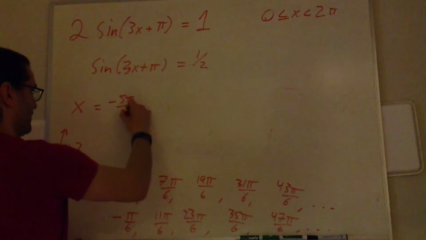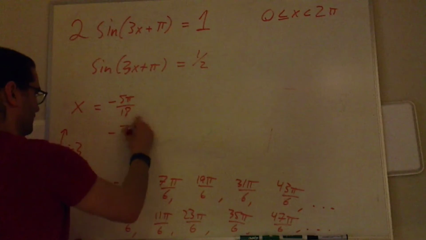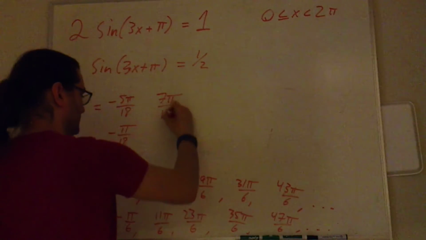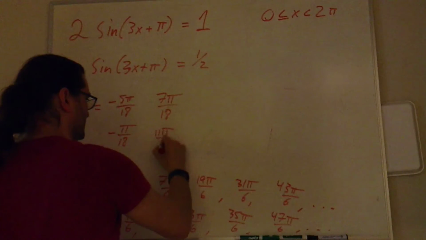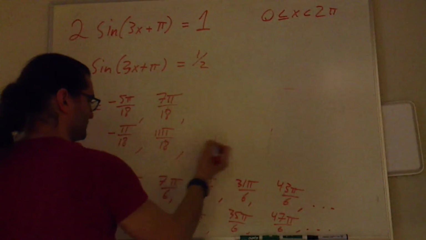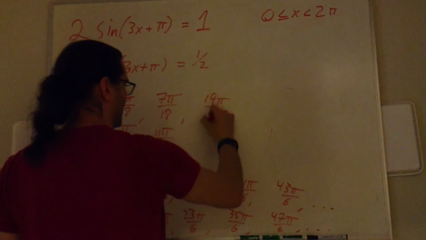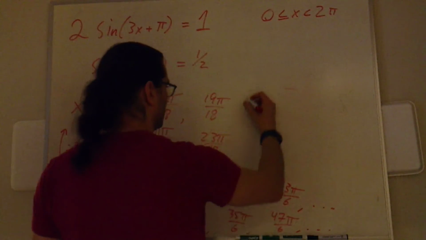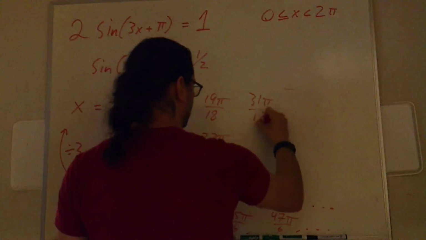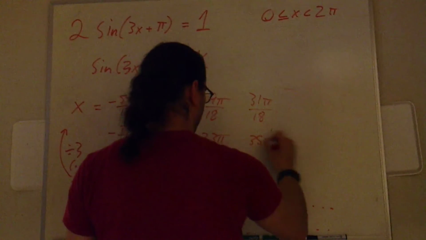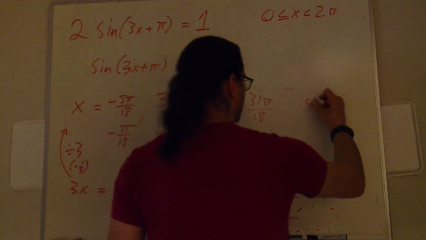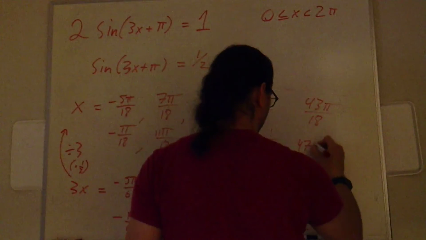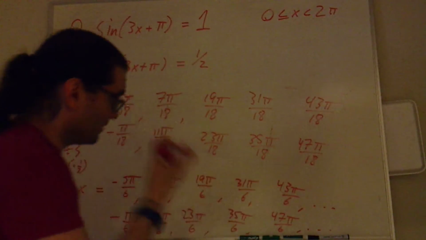So this will be negative 5 pi over 18, negative pi over 18, 7 pi over 18, 11 pi over 18, 19 pi over 18, 23 pi over 18, 31 pi over 18, 35 pi over 18, 43 pi over 18, and 47 pi over 18 as a start.